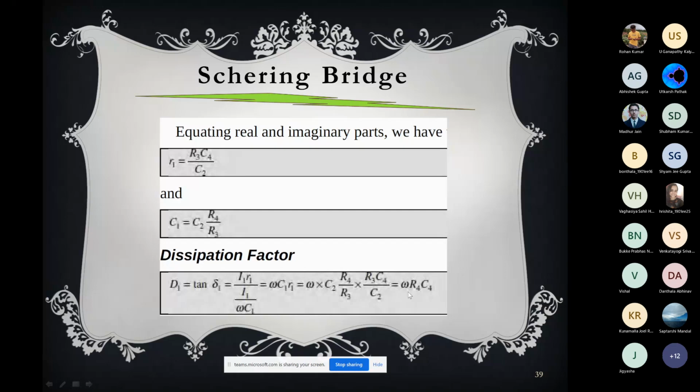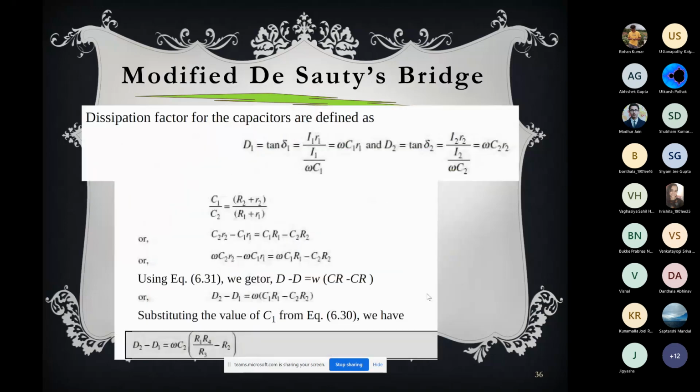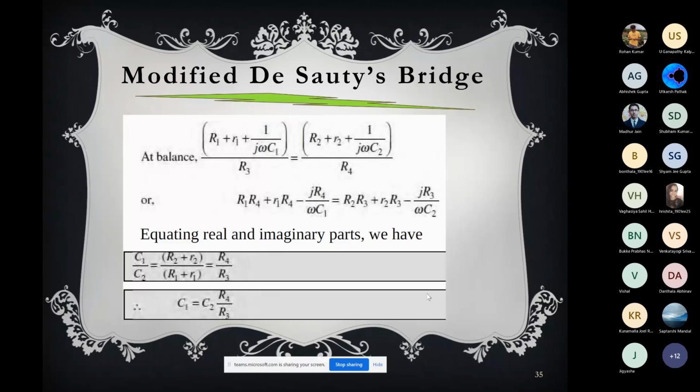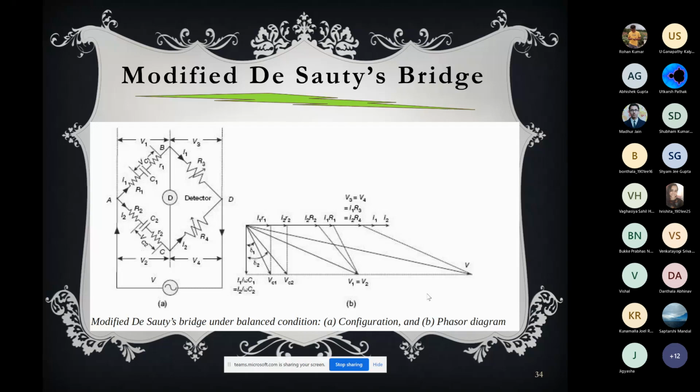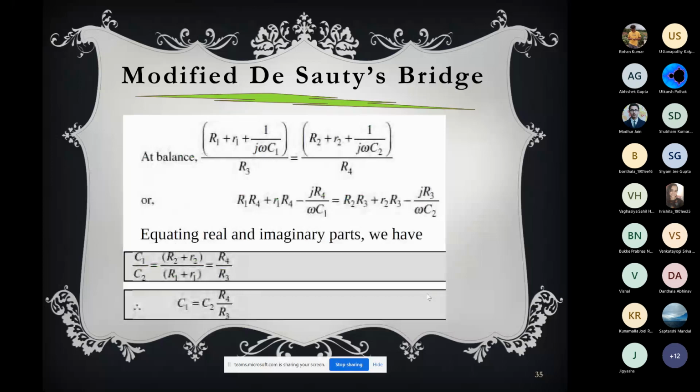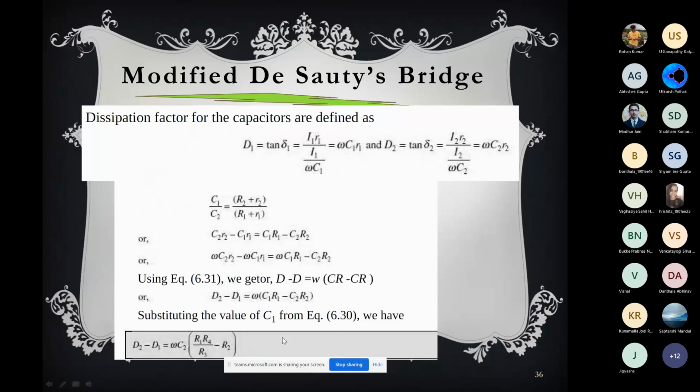So you can see that in the Schering bridge, it is possible to determine C1 and R1, but in the earlier modified De Sauty bridge, it is also possible to determine. But the one thing is that there we consider our known C2 is associated with some R2, and if that R2 is known, and if C2 is known, and small r2, then also it is possible to calculate.